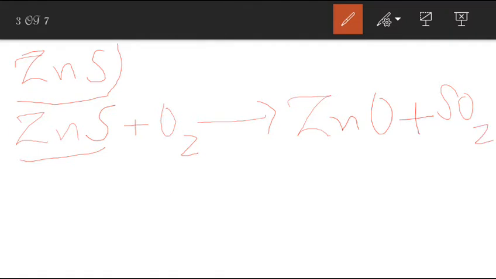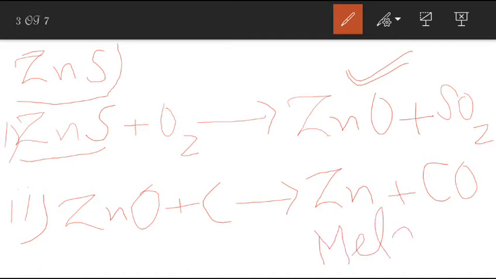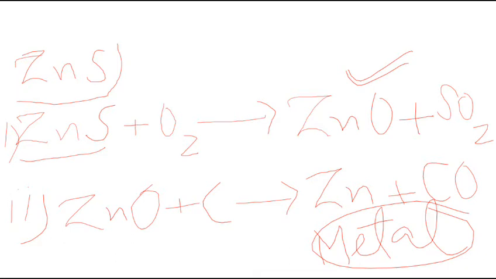This is the first step of extraction. In the second step, in the same way, zinc oxide is reduced in the presence of carbon and converted into zinc plus carbon monoxide. So in both processes, calcination as well as roasting, we get the metal in free state. This is the extraction of zinc.